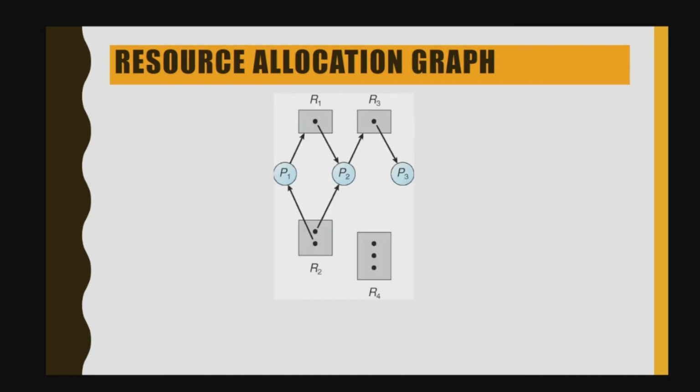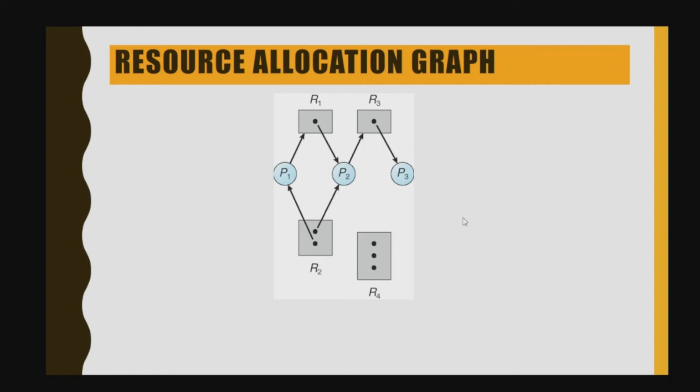You can see here we have 4 resources and 3 processes: R1, R2, R3, and R4. We have process 1 to R1, R1 to P2, P2 to R3, R3 to P3, and resource 2 to P2 and to P1.